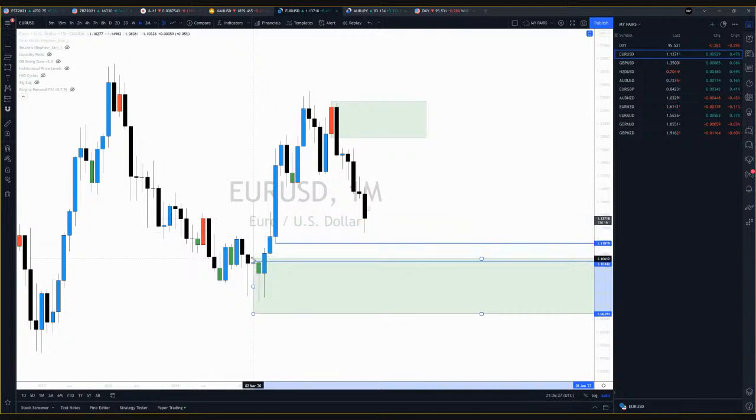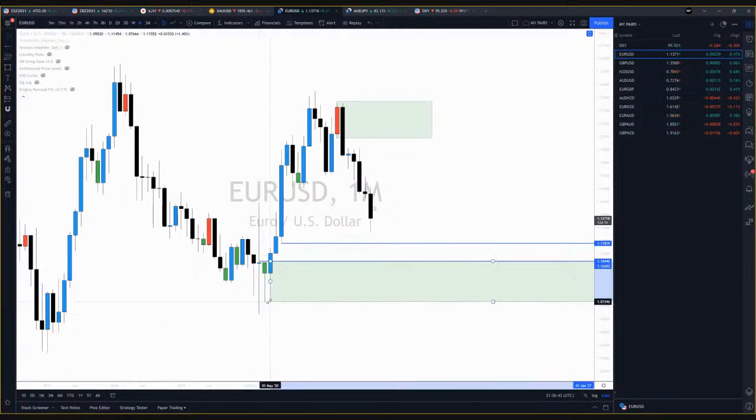So right there. That's where I'm expecting price to go on the monthly time frame, because we move from one to the other. That's mostly what price is doing. It's moving from one to the other.